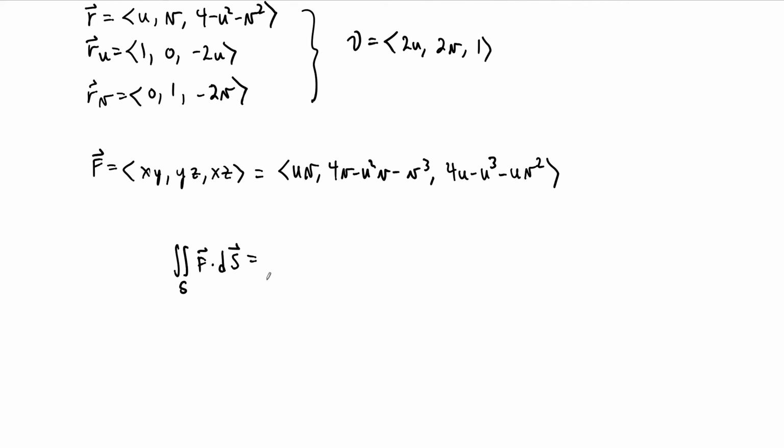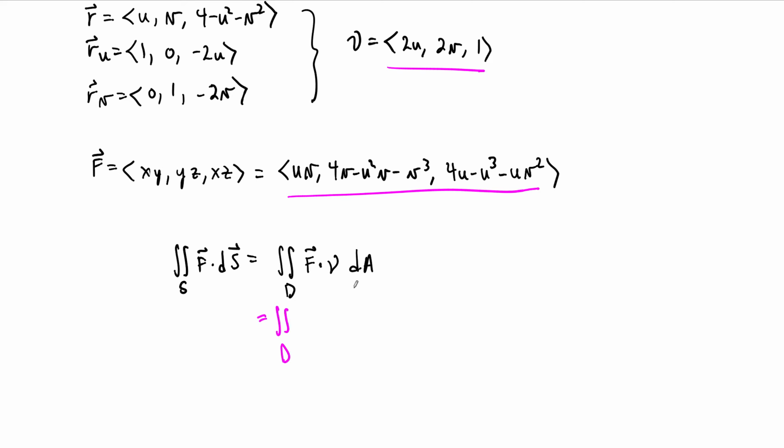All right, we're going to compute this as the double integral over our nice rectangular domain D of f dotted with new dA. And so that means we need to take the dot product of these two vector functions, and this will be then the double integral over D of, just multiply all this out, right?